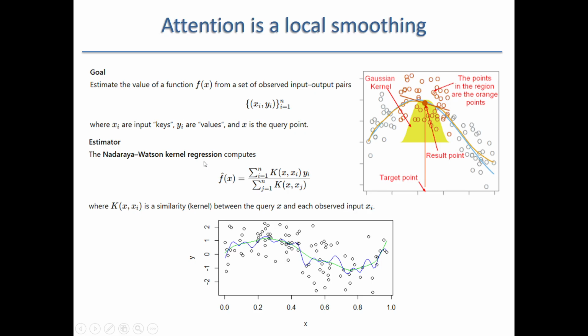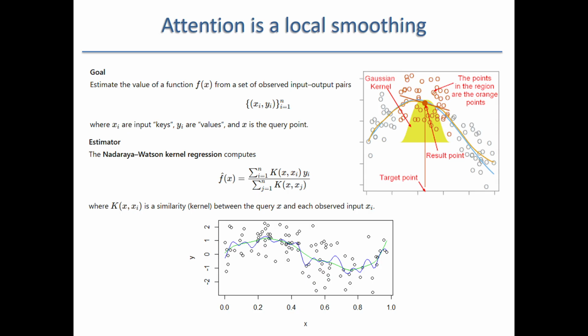So actually attention is nothing more than local smoothing. Local smoothing is a statistical problem in which you are given pairs of x, y. So every point here is an XY pair. And here we are drawing in one dimension because it is easier to draw, but the predictor and the predicted values can be n-dimensional.